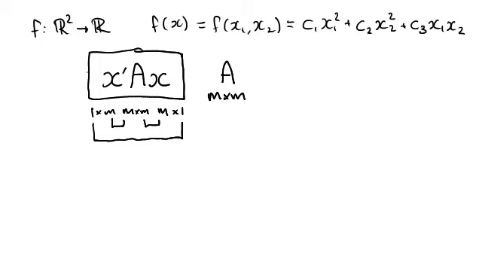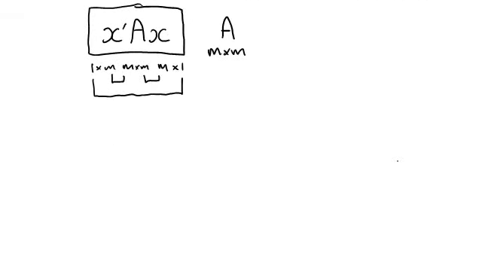And it should be a number because f is a function from Rm to R. So let's check that x transpose Ax actually is a quadratic form containing the squares of the x variables and the cross products. And let's do that for the simplest case where m is equal to 2.